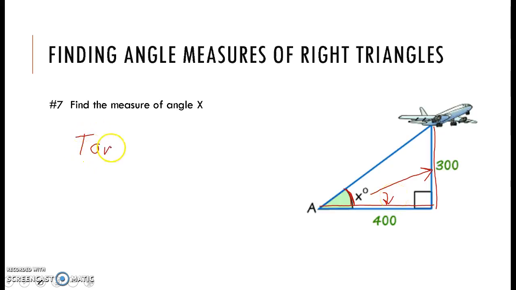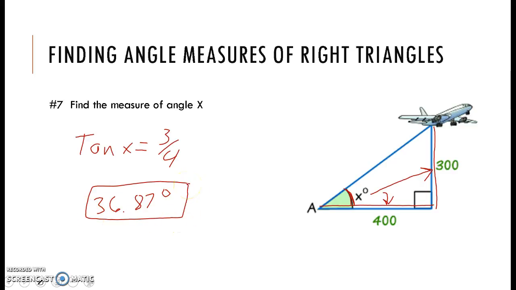So it's the tangent of X is equal to 300 over 400, which is the same thing as 3/4. So we would just simply go the inverse tangent of 0.75 or 3/4, and that's 36.87 degrees. And so this angle would be almost 37 degrees.